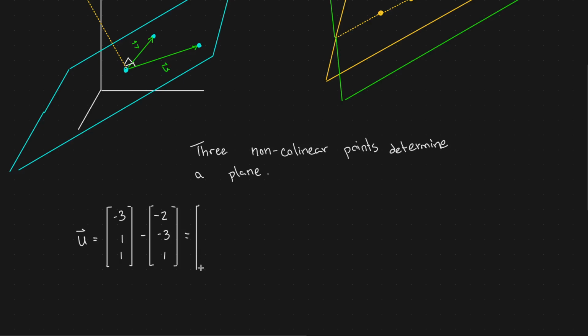Doing the subtraction, I get -3 minus -2, that's -1. 1 minus -3 is 4, and 1 minus 1 is 0. So that's one vector parallel to the plane.